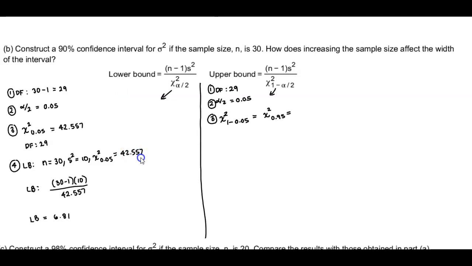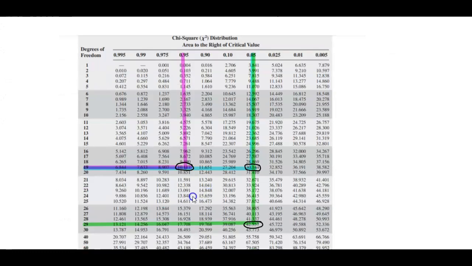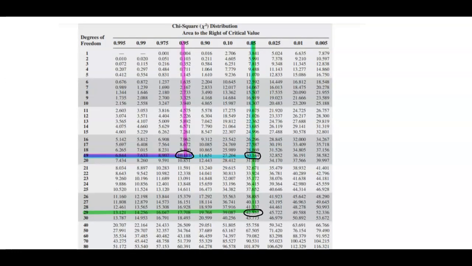So using the degrees of freedom of 29 and the area of 0.95, we'll come down here on our table. And so we know that we have 29 and we're looking at 0.95. And so the critical value that we get from there is 17.708.